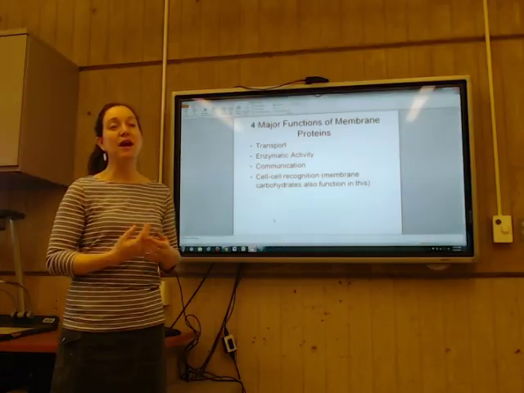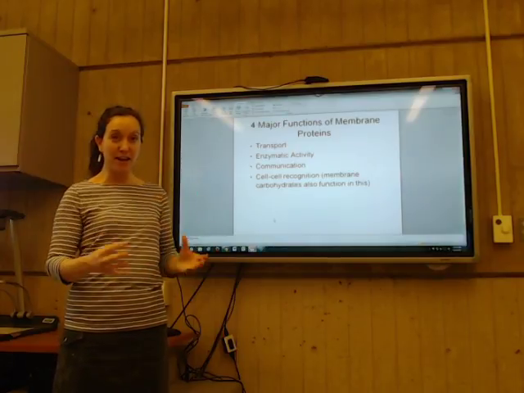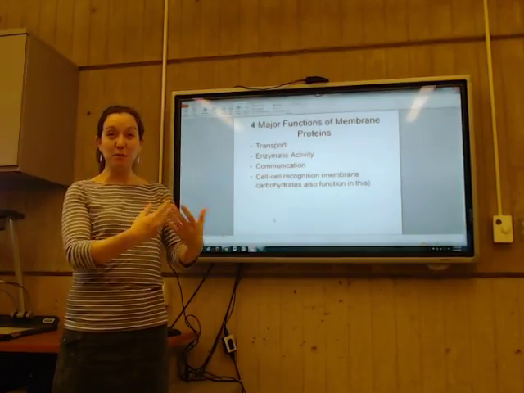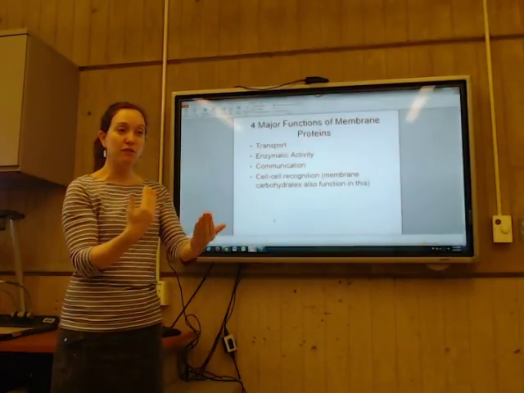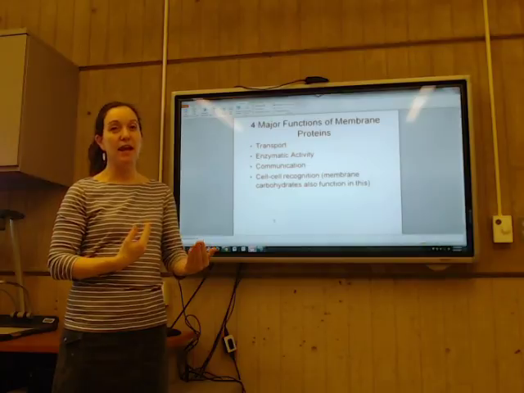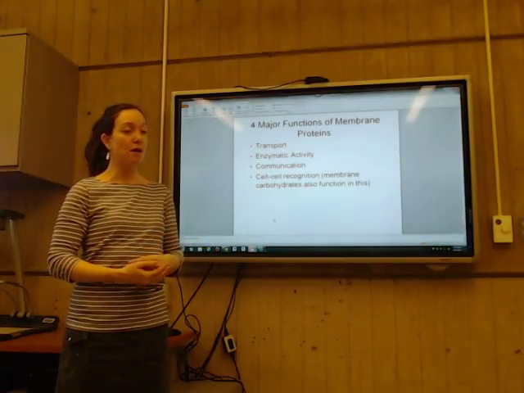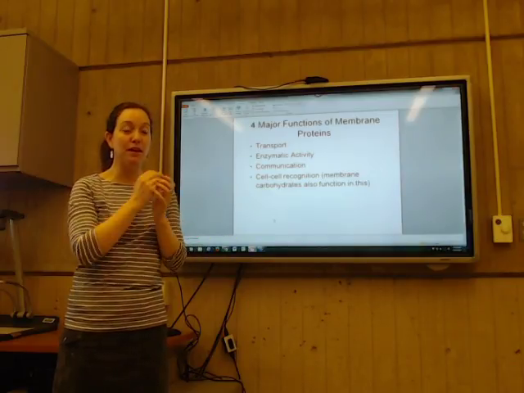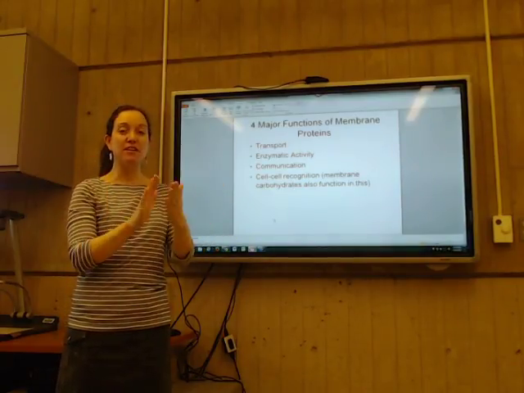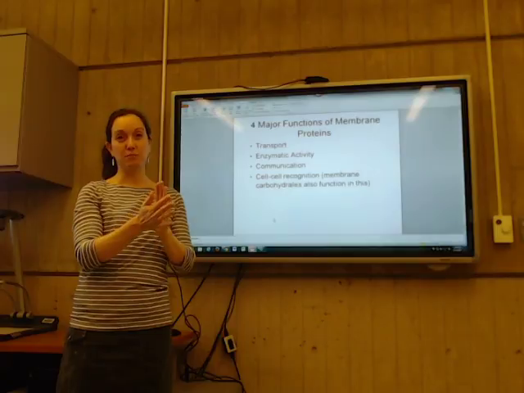Somebody who has type A blood has type A antigens, and if that blood gets transfused into somebody with type B blood, their cells recognize the antigens and will fight it off. Conversely, if somebody with type A blood donates to somebody with type A blood, the antigens recognize each other and accept each other.